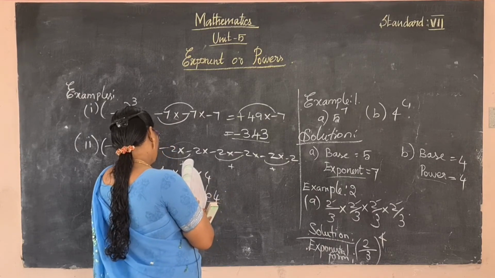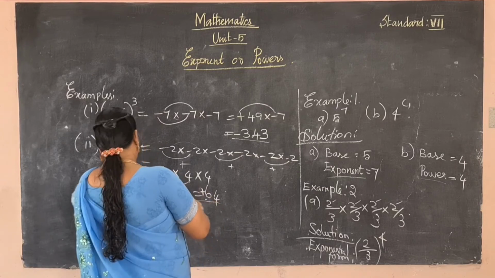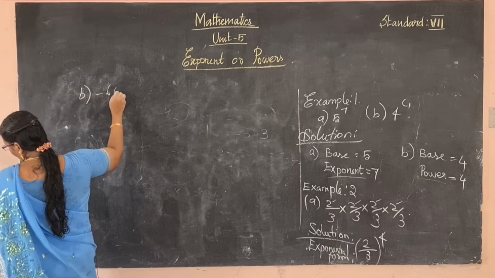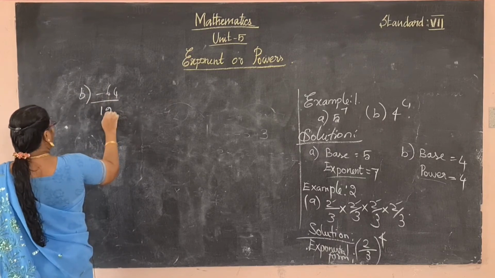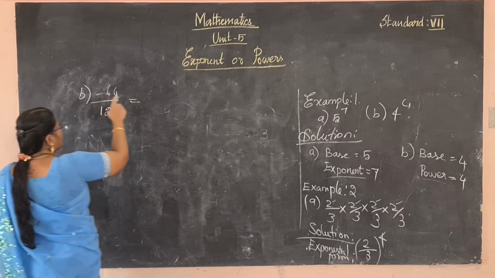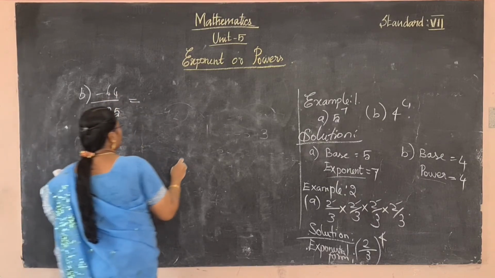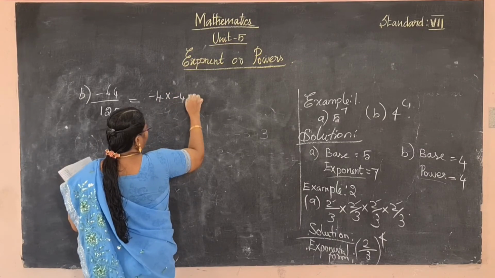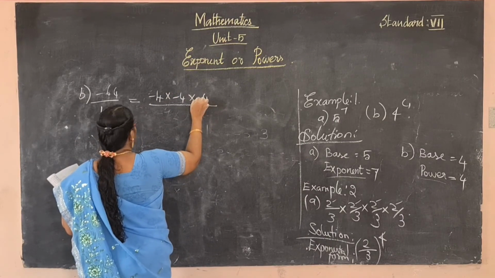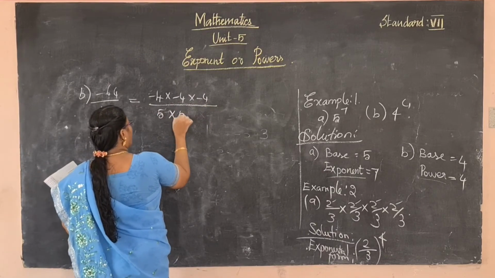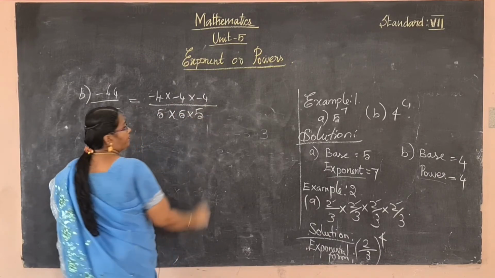And the next question, minus 64 by 125. How can you write minus 64? It can be written as 3 times of minus 4. Now only we have calculated, is it? And 125 can be written as 5 into 5 into 5.